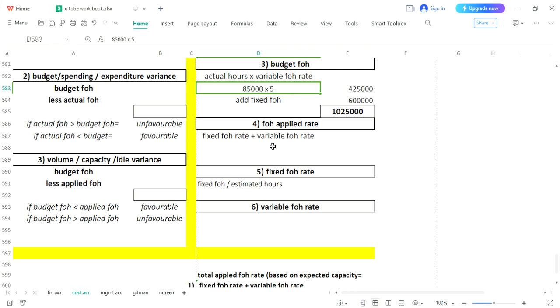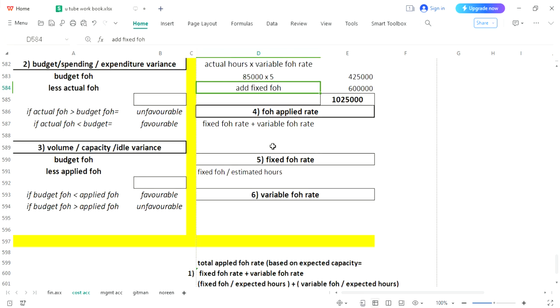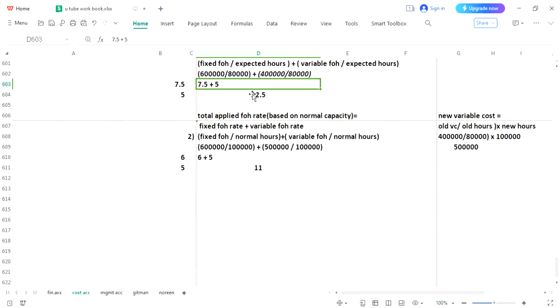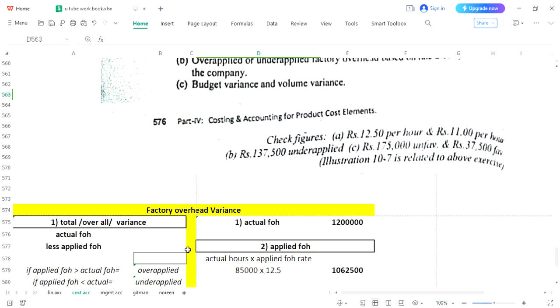And since we have calculated everything, these rates which were given over here, fixed FH rate, variable FH rate, total applied FH rate, everything has been calculated downside. Okay, this was fixed, this was variable, this was total FH rate. So rates were calculated downward, and now we can calculate our variances.